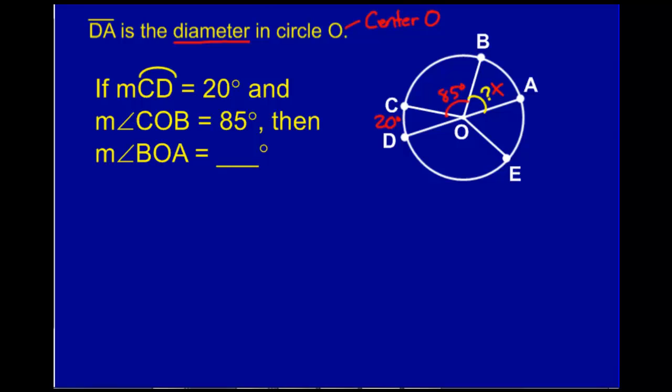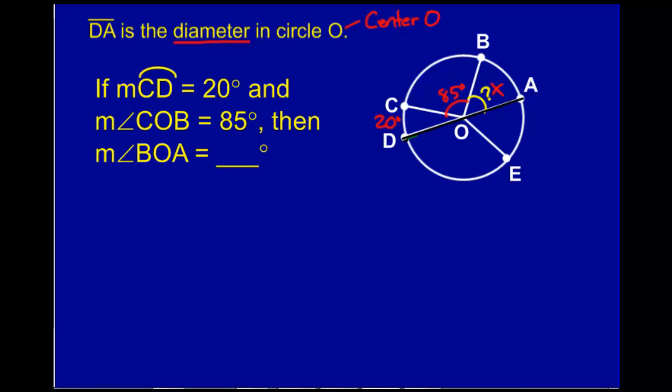So let's call that X. Now, what we see in what we're given is that DA is a diameter. So I'm just going to use my segment tool here and draw that in. DA, that's a diameter.